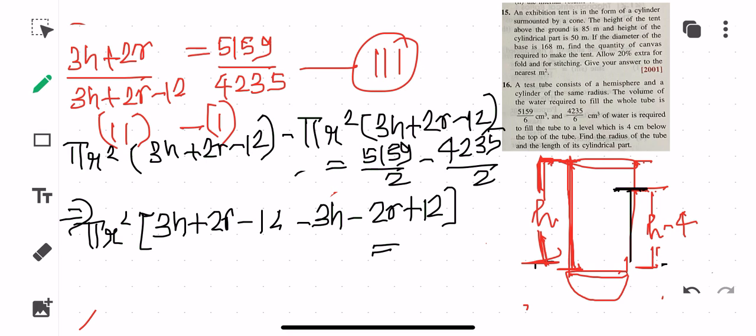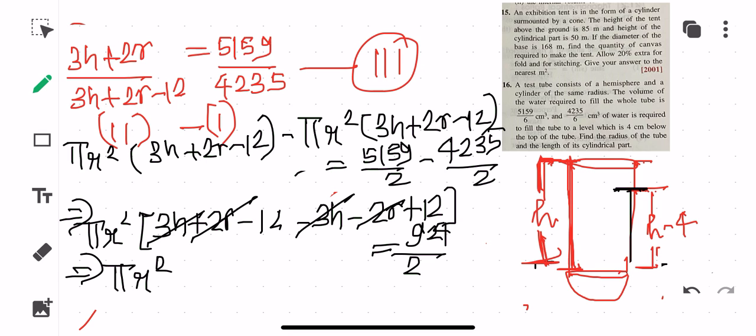So this is equal to 5159 minus 4235, which is 924 divided by 2. Now you will see this 3h and −3h is getting cancelled, 2r and −2r is getting cancelled. So you are getting πr² into, you still have 12 left with you, children.